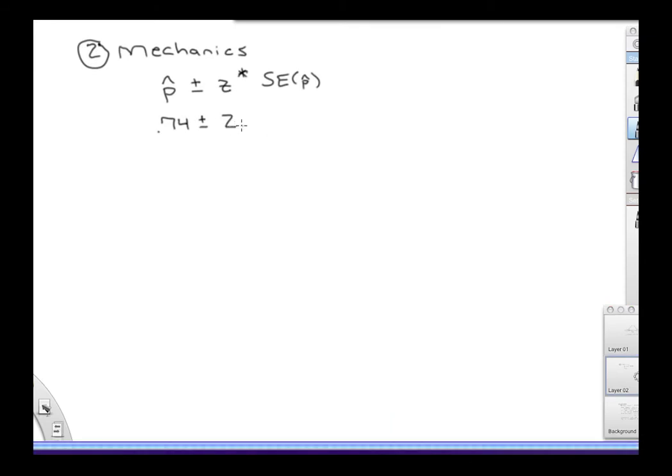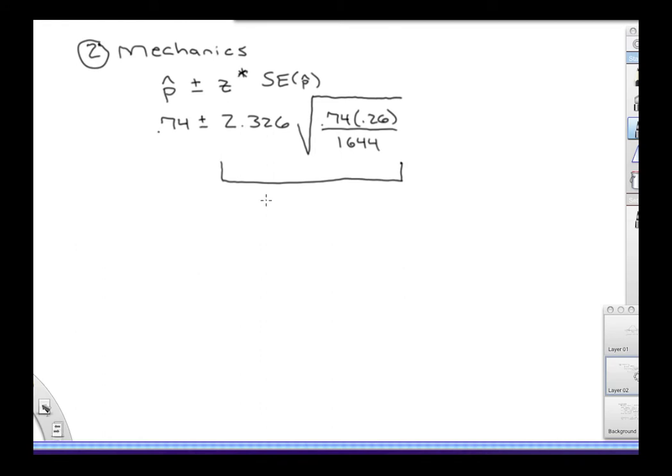So 2.326 times my standard error, which is going to be the square root of my sample proportion, 0.74, p hat times q hat divided by my sample size. Now remember, this part here is commonly referred to as your margin of error.